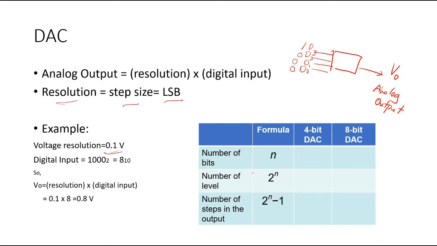Now, number of bits, we set as n. Number of levels is 2 power of n. Number of steps in the output is 2 power of n minus 1.